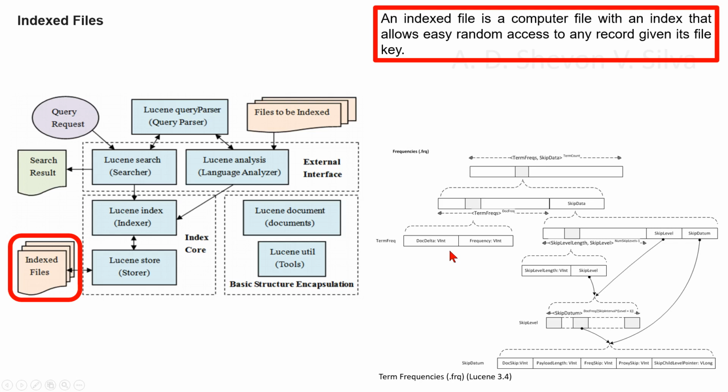In particular, doc delta divided by 2 is the difference between this document number and the previous document number, or 0 when this is the first document in the term freq. When doc delta is odd, the frequency is 1. When the doc delta is even, the frequency is read as another vint.